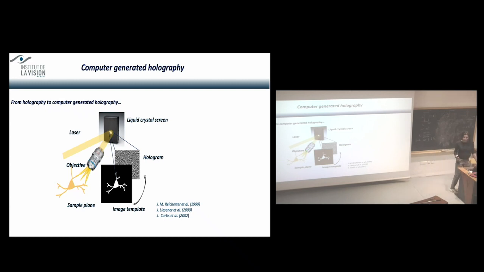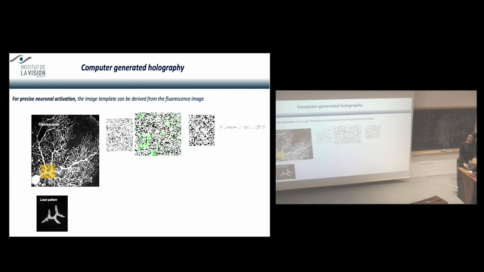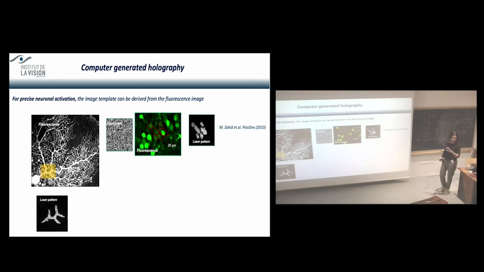So the point is that we wanted to use this light to precisely illuminate a neuron in a neuronal circuit. The question was, can we reach such a precise control of light propagation that we can really send the light only when and where we want to? So the first point was to know where we want to send the light. For that, what we propose is to simply start with the fluorescence. You take your fluorescence image of your sample, and on the basis of the fluorescence you decide, okay, I want to illuminate only this dendritic part, or among this population I want to illuminate only these cells here.